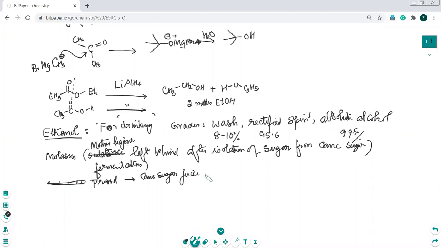Now this is concentrated under vacuum. You get a concentrate of cane sugar, and this is crystallized.